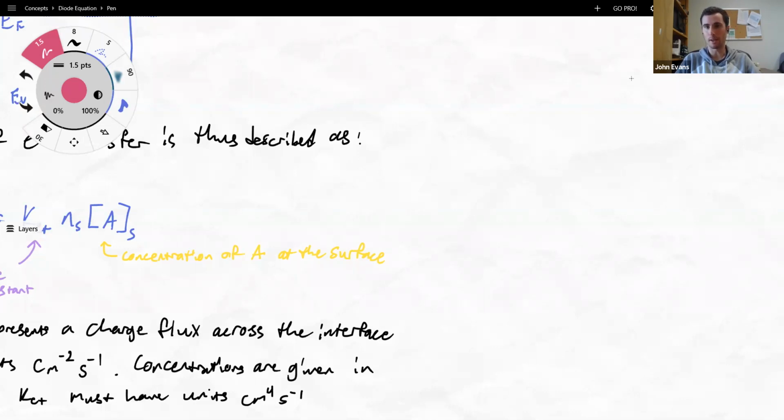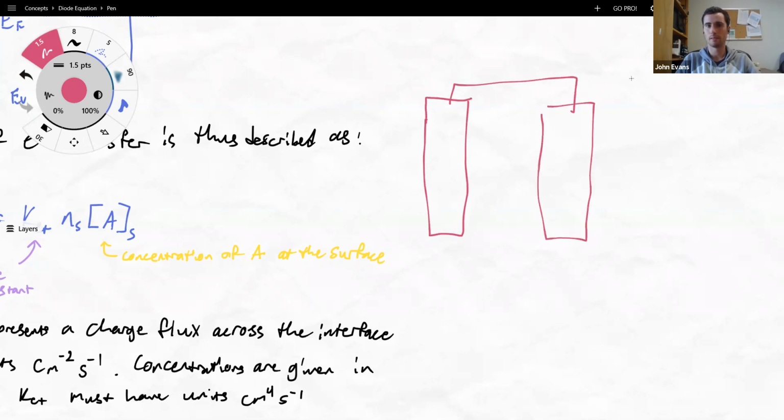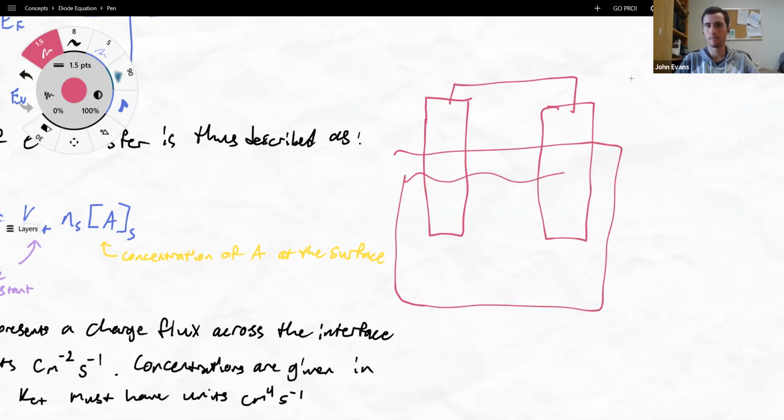for an electrochemical reaction. An electrochemical reaction, sort of by its nature, we have a solution here, and we have our electrodes. The electrochemical reaction, by virtue of being electrochemical, happens only at the surface of our electrode here, right?